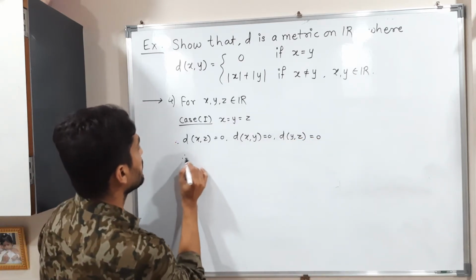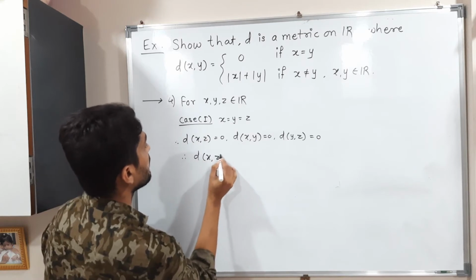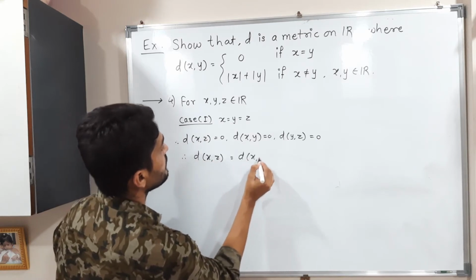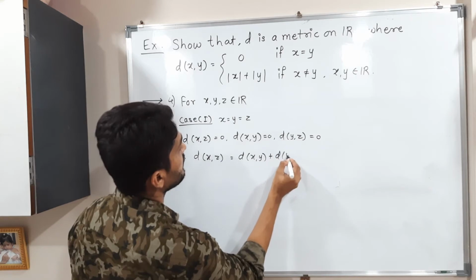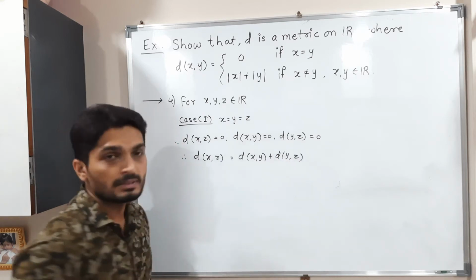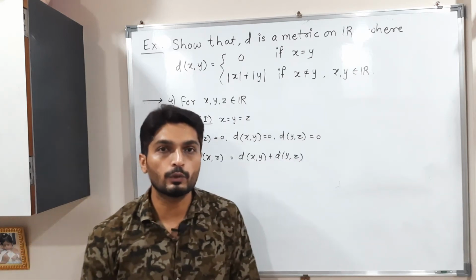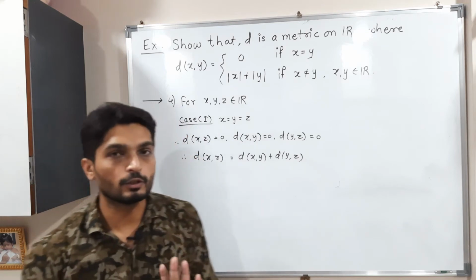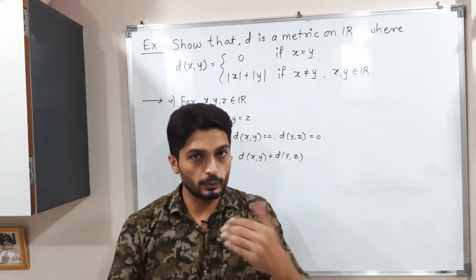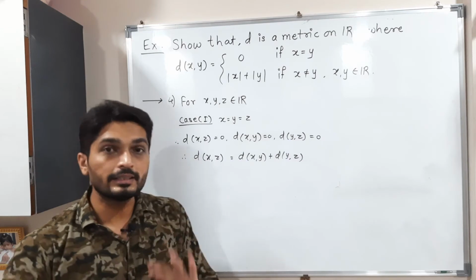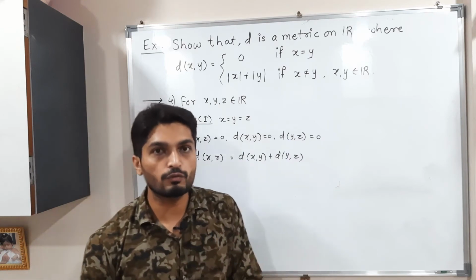So d of xz is equal to d of xy plus d of yz, since both of them are 0. The sum is 0 and the left hand side is already 0. So we get an equality here. The triangle inequality we are proving, but in this case we get an equality. So let us go for the second case.